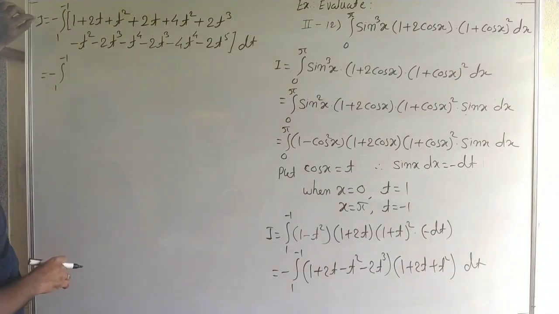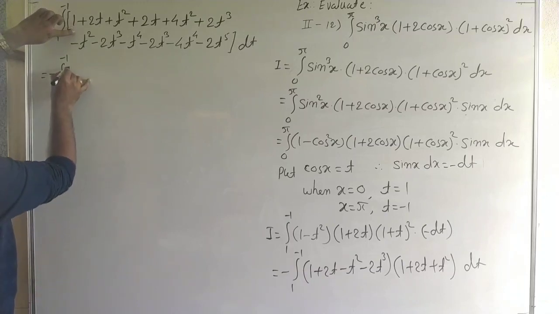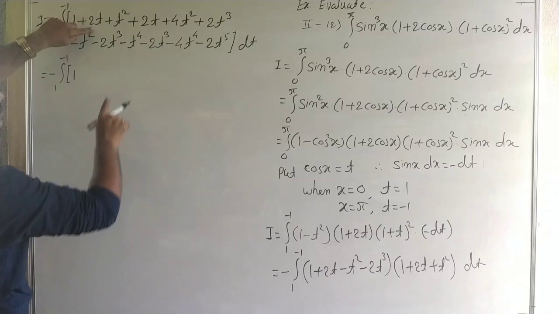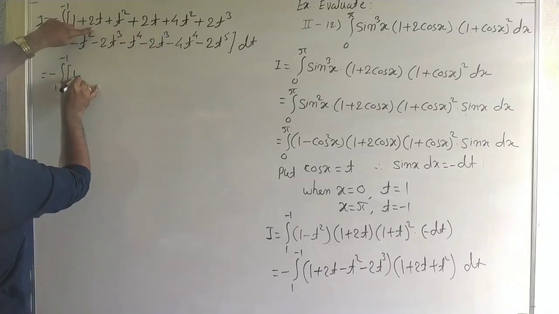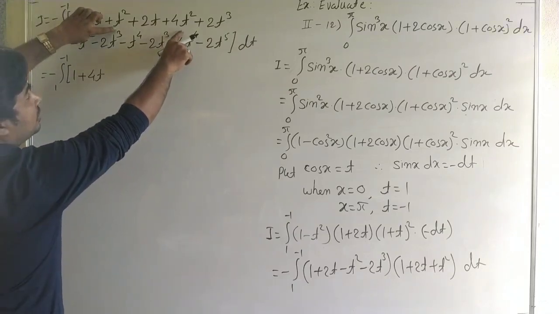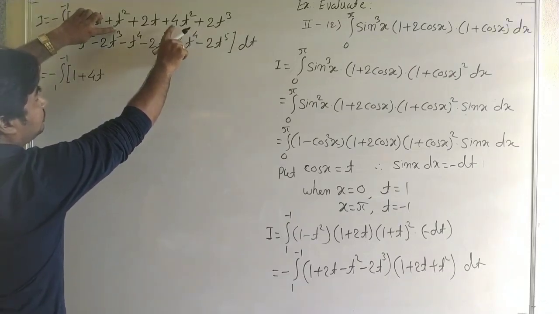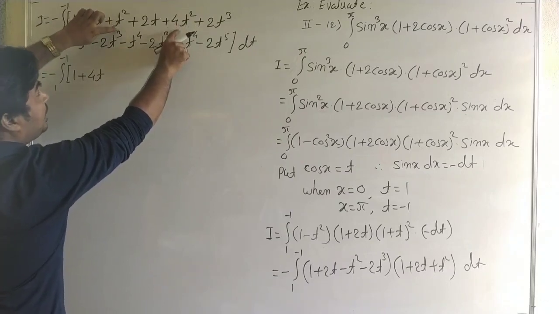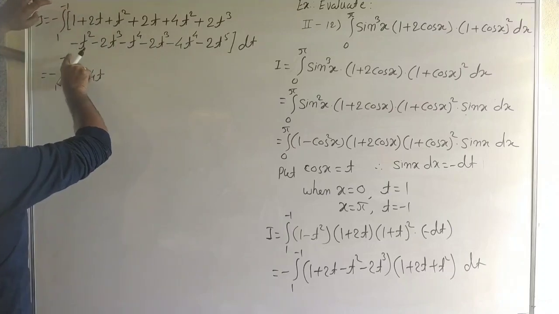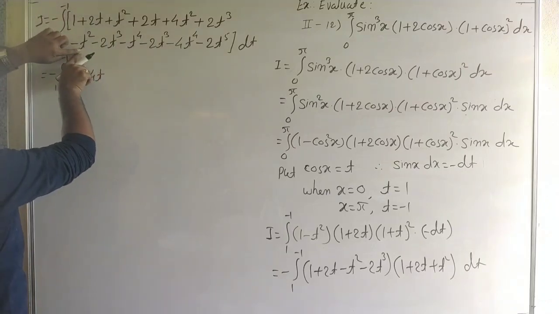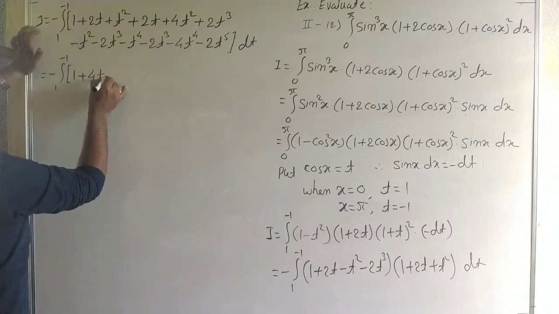Now see carefully, first take the constant, it is 1. Now t: 2t plus 4t. Now square: t square plus 4t square is 5t square, 5t square minus t square is again 4t square.